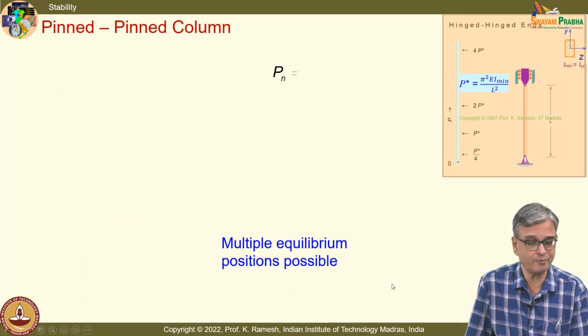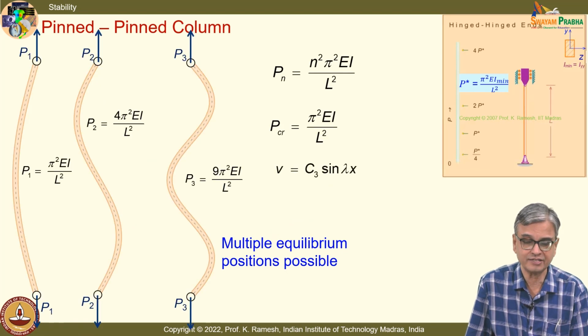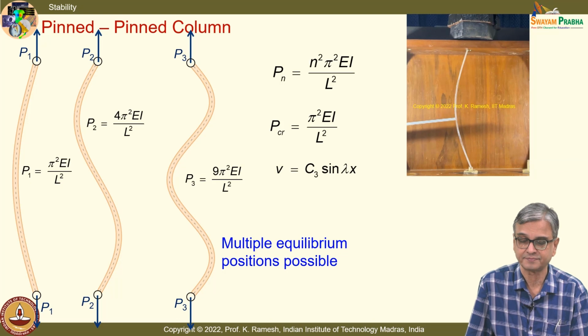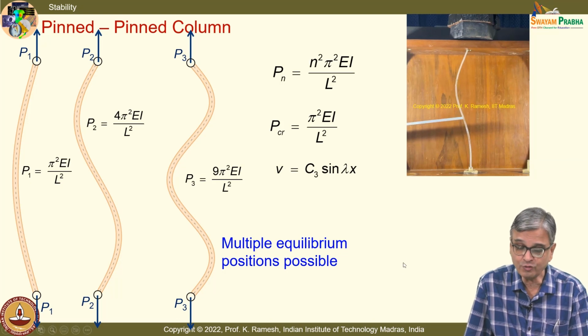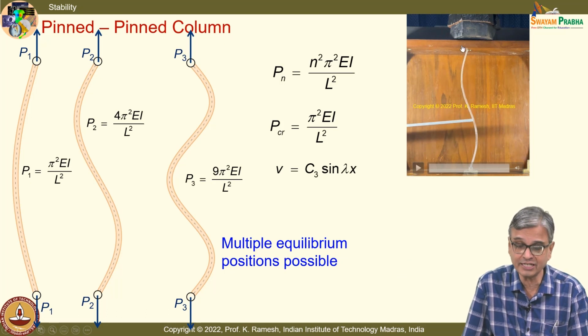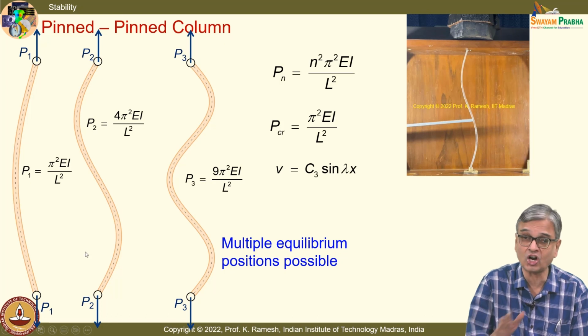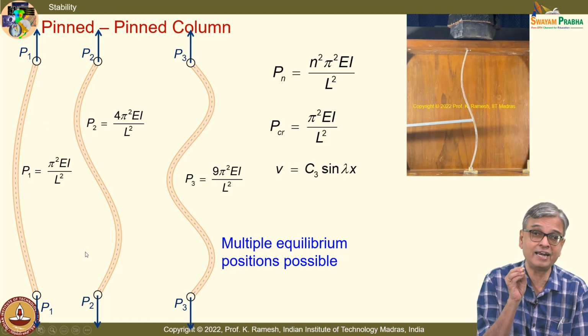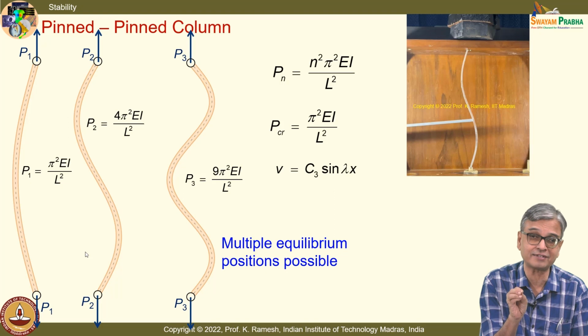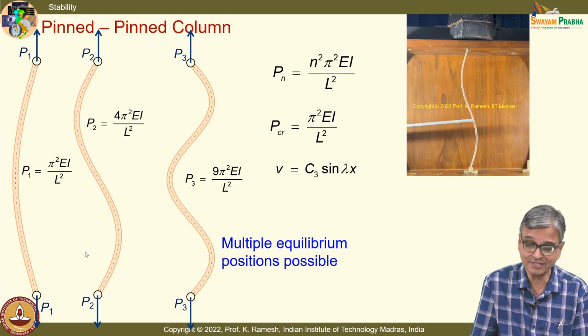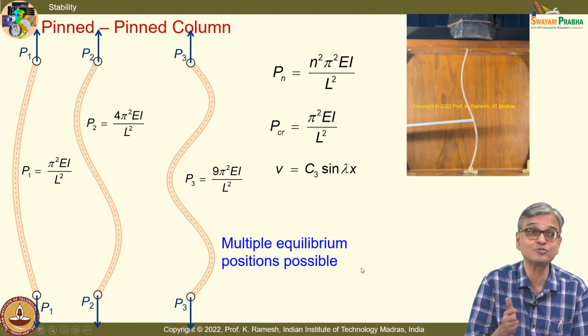and you have multiple equilibrium positions possible, and let us see the experiment. You have to put your restraint at the node. For the given load, these higher order positions are not realized in practice unless you prompt the structure to have that. So, this is a very nice experiment my TAs have done, and it shows you can have this shape.